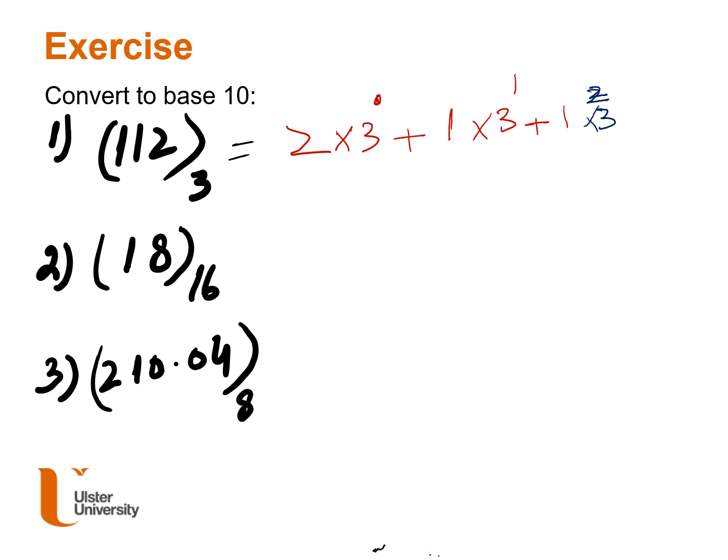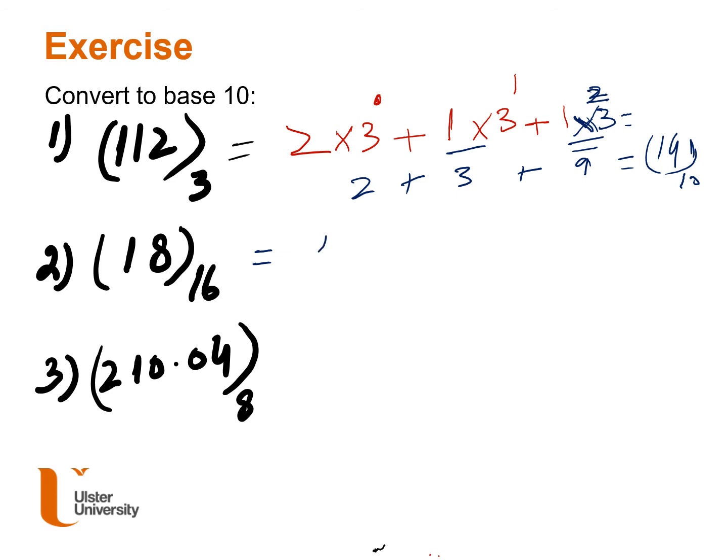Once we simplify, 3 squared is 9, 3 to the power 1 is 3, 3 to the power 0 is 1 multiplied by 2. So it would be 14 in base 10.